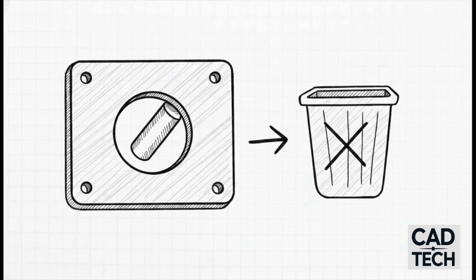So why is understanding MMC so incredibly powerful? Well, by default, tolerance zones do not change size. But if you apply an MMC modifier, which is represented by a little m inside a circle in the control frame, it adds what we call a bonus tolerance to a feature's location based on its actual size. Think about it like this. If a hole is drilled slightly oversized, it has less material than its MMC limit, right?